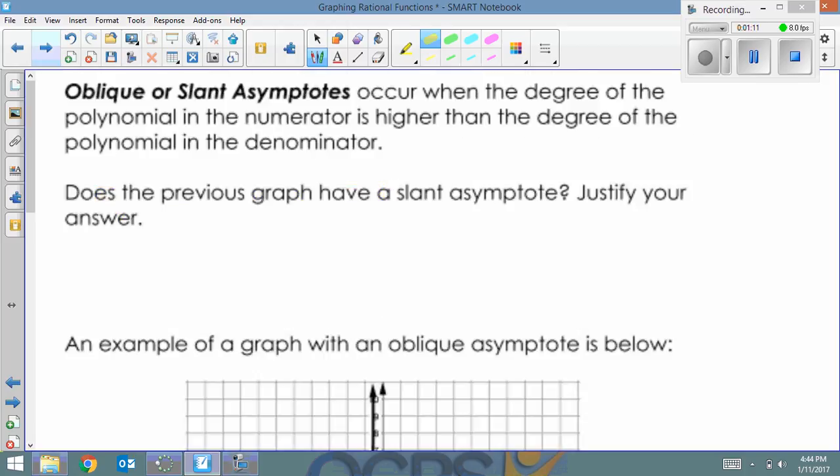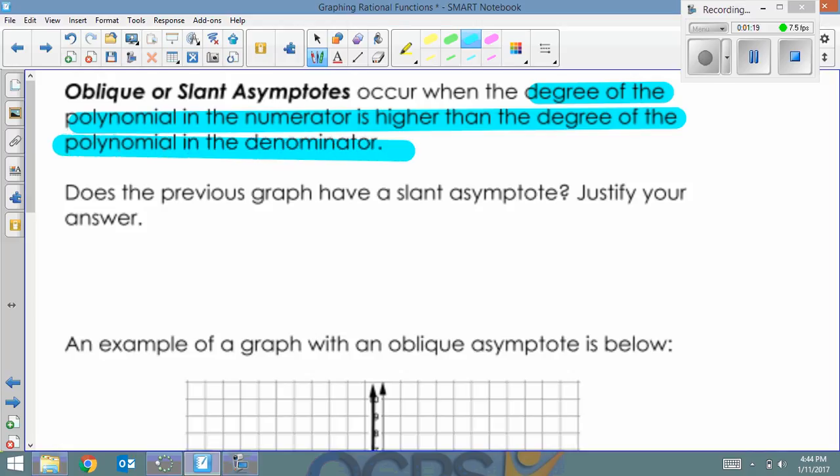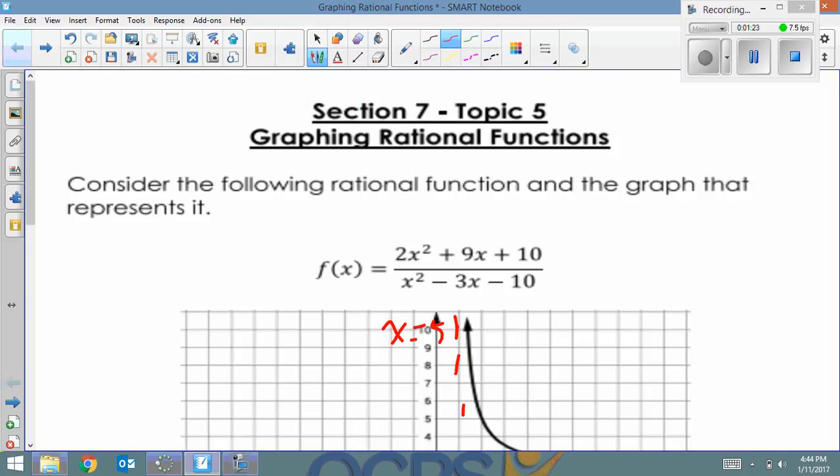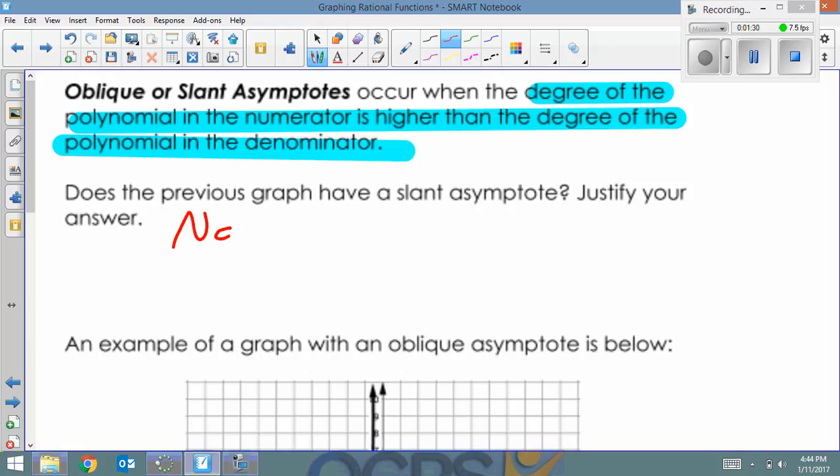Oblique or slanted asymptotes occur when the degree, or the exponent, of the polynomial in the numerator is bigger than the degree of the denominator. In our previous example, they're both a degree of 2, and since they're both a degree of 2, this does not have a slanted asymptote.